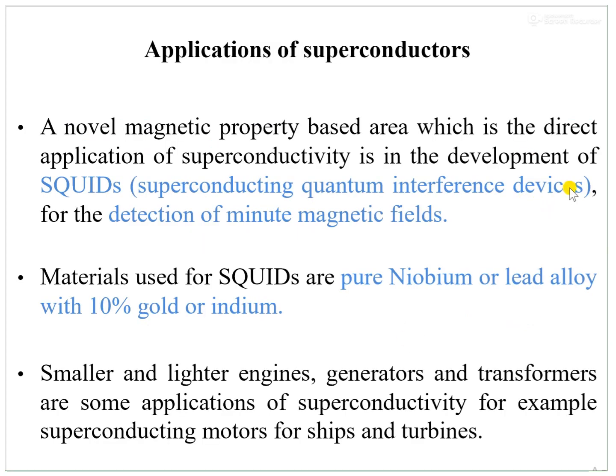Other applications of superconductors related to magnetic properties are the development of SQUIDs. SQUIDs are superconducting quantum interference devices that are used for the detection of minute magnetic fields. Very small magnetic fields can be detected with these SQUIDs.